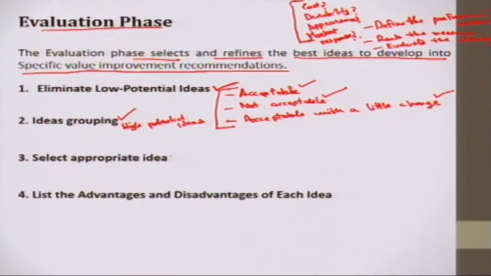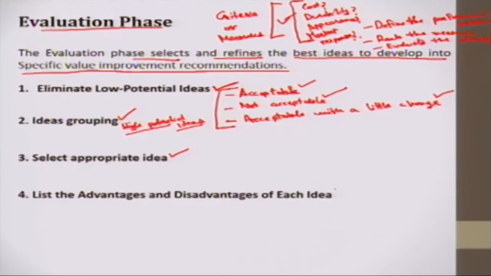Selecting appropriate idea is we select the highest potential idea based on this criteria selected. These are the idea criteria or measures. We select the appropriate idea finally. This is a champion idea who will serve the purpose in a better way.